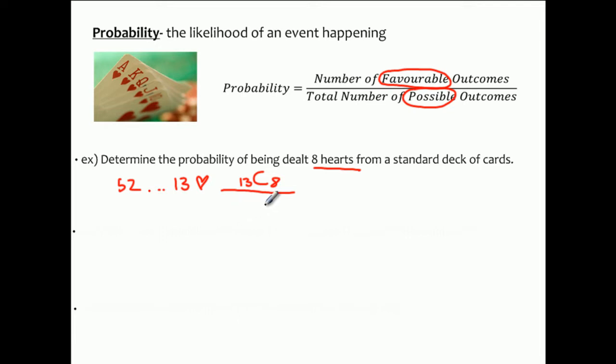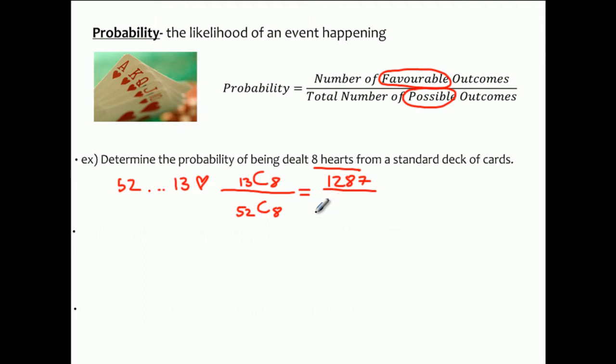So that's the number of ways that we can get 8 hearts from a standard deck of cards. Now the number of ways that we can get 8 cards of any suit, any combination, is 52 total cards choosing 8 at a time. So 13 choose 8 will give you 1,287. So that's the number of ways you can get a hand of 8 hearts.